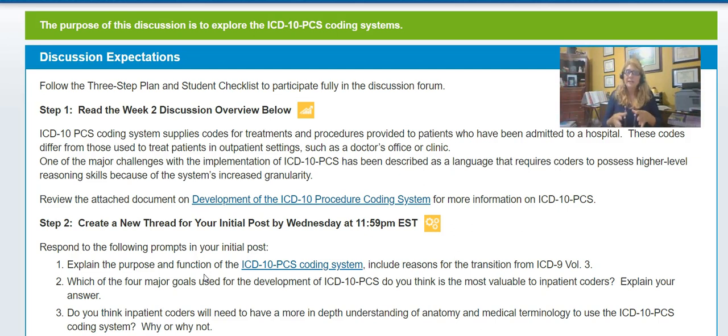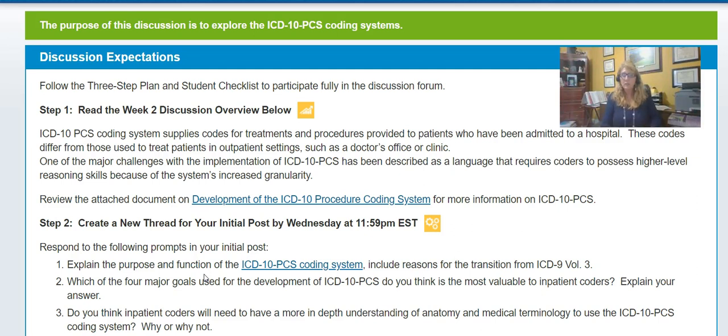So one of the major challenges with the implementation of this ICD-10 PCS system is that it's described as a language that requires coders to possess a higher level of reasoning skills, and it's got a lot more granularity.